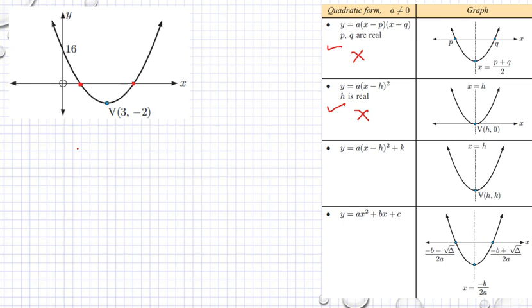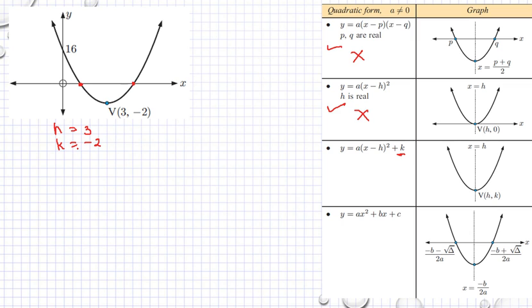The most important thing is that we know the vertex. If we know the vertex, then we have h, which is 3 here, and then the lowest point, the k here, is our lowest point. So we already know what k is, that is -2.